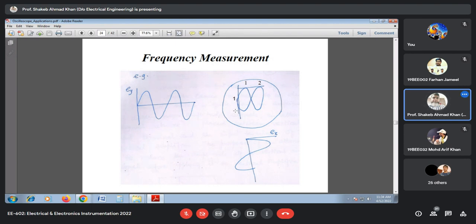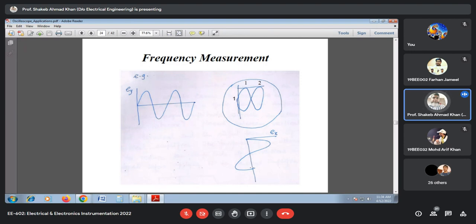Your electron beam will deflect in X once, and in Y twice. So you see here it will go up and down twice, and once in X during the same time.